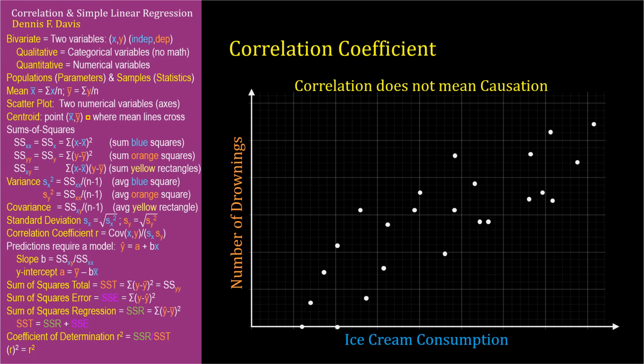In warm summer months, people eat more ice cream and they swim more, and more swimming means more opportunity for swim-related accidents. So, just because we observe a correlation between two variables, that doesn't mean that one variable causes or influences the other.